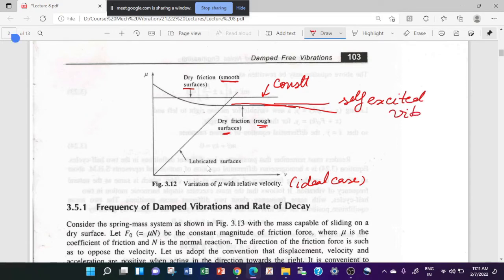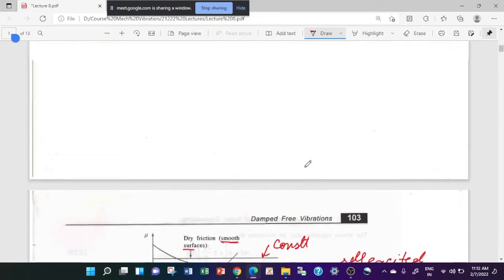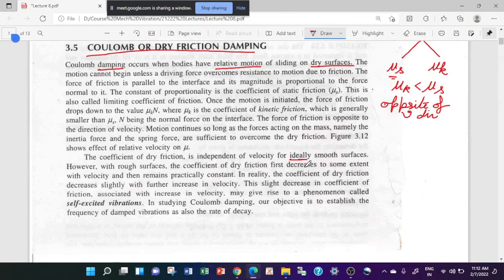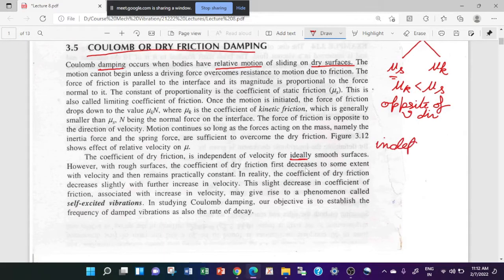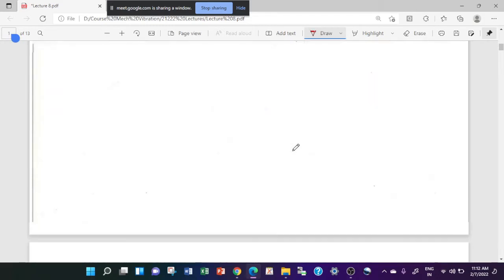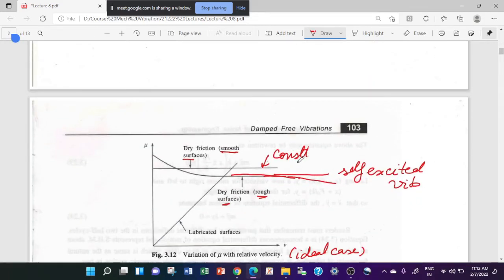So in a nutshell, I can say that the coefficient of friction is constant and also independent of velocity, as is evident from the next figure. So you can say that velocity will not make any change in the friction component.